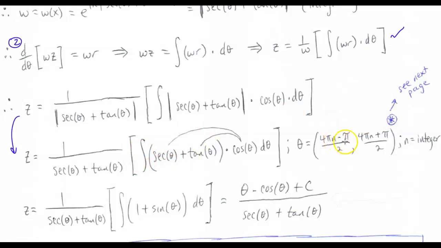It turns out that this interval here is a continuation of intervals. So you can say this when n is equal to 0, union with this when n is equal to 1, union with n equal to -1, union with n equal to -2, and just keep going on and on.